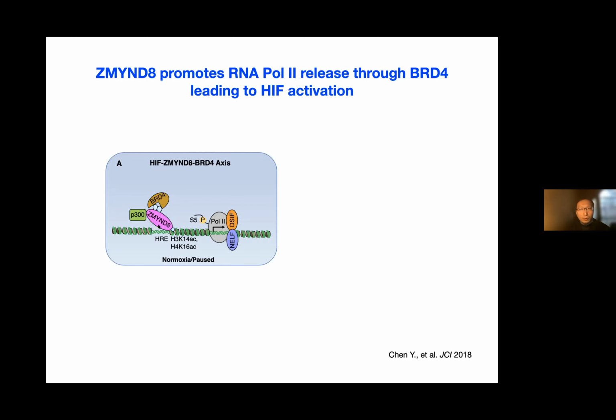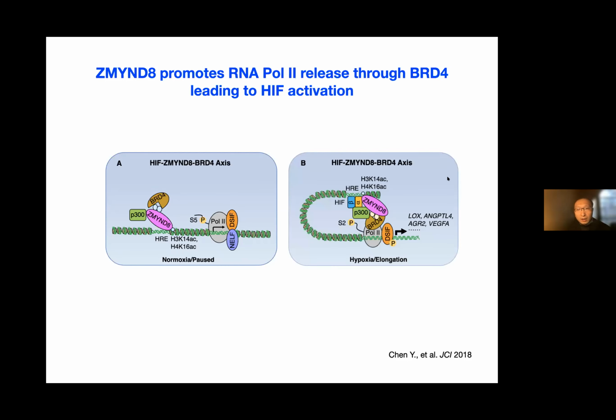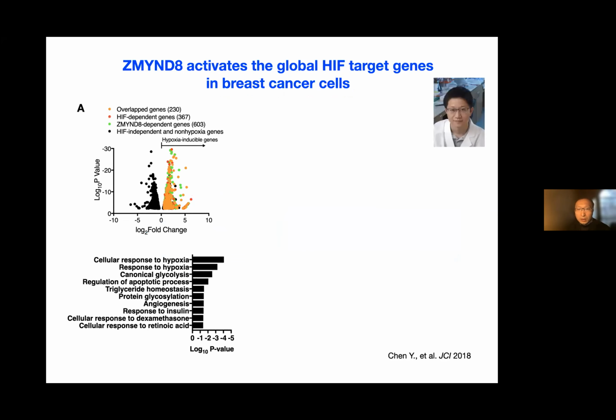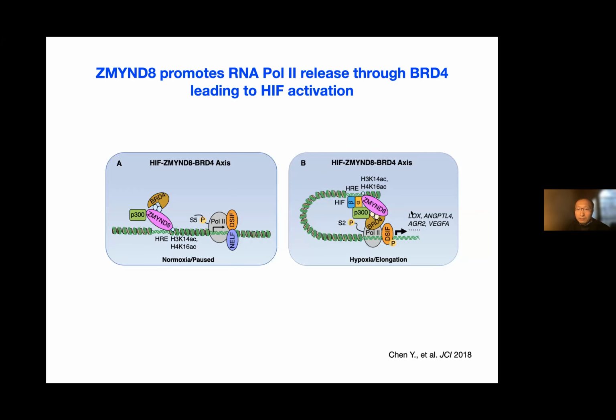So these three proteins form a complex under normoxic conditions. Upon hypoxia, HIF binds to the hypoxia response element and interacts with this protein complex. So BRD4 can activate the Rna-Seq to promote the elongation of HIF downstream target genes.